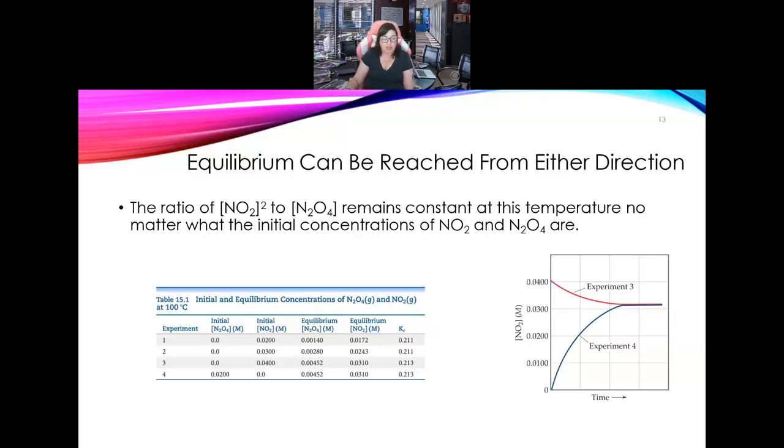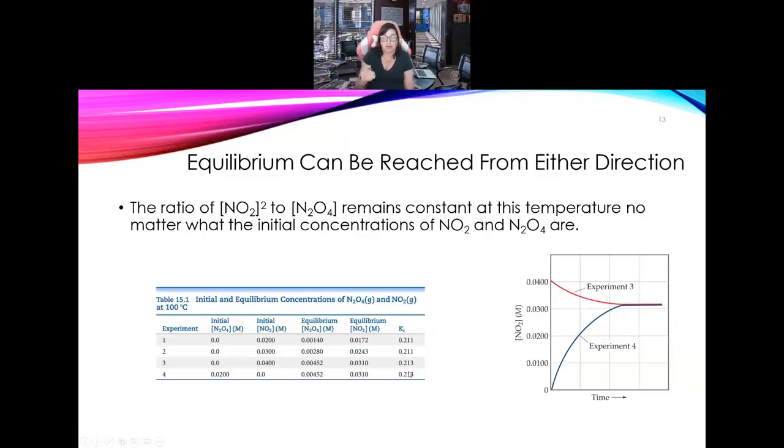But it doesn't matter if I start with product or start with reactant, okay? So either way, I can start with my product. I can start with my reactant. In all cases, I get to that same ratio, okay?